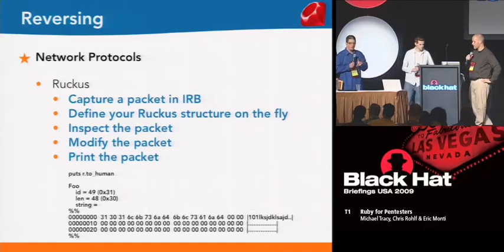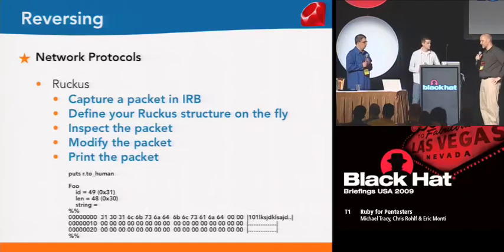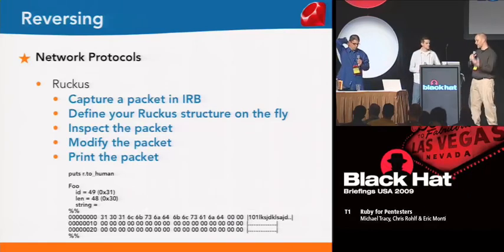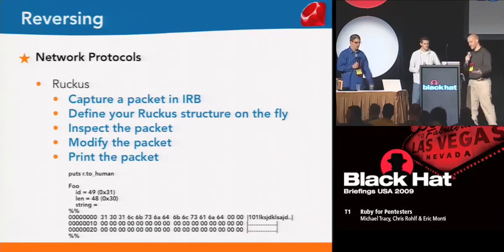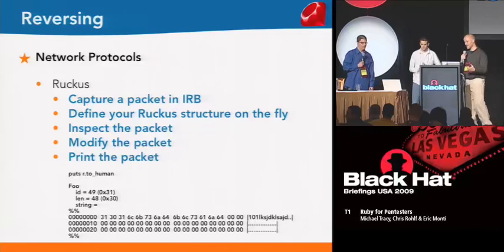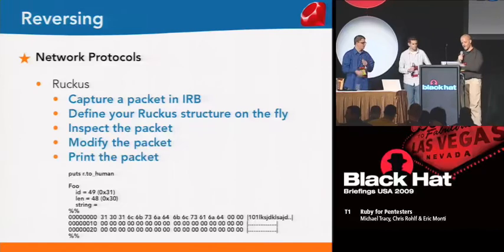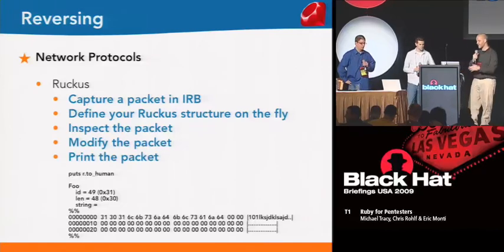In former lives and even in current life, we still do some C coding, and oftentimes the notation while you're reversing a protocol is going to look like C structures. However, there wasn't anything that actually parsed C structures into Ruby, which is why we ended up with Ruckus. We didn't necessarily invent the idea of that DSL either. That came from bin data and bitstruct, but we like to think that we've evolved Ruckus somewhat and geared it more towards the security testing workflow.